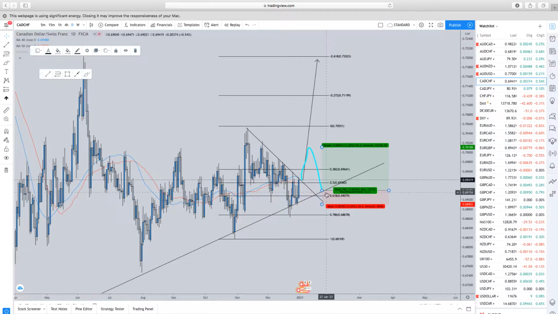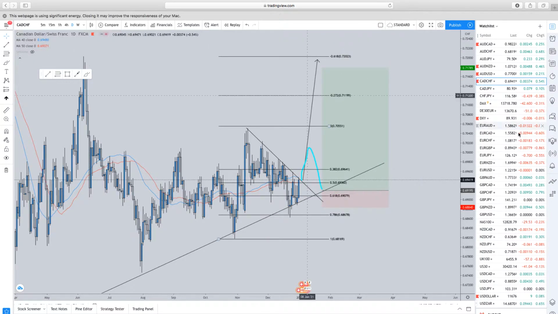Really depends where it retests. If it retests the 618, you can get in on a nice trade. Or about, what, 35 pip stop loss, let's say. Risk reward is very good here. Keep my eye on this anyway.